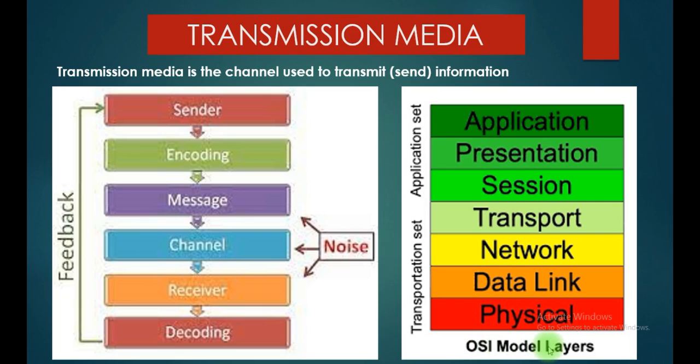Where the OSI model is concerned, OSI stands for Open Systems Interconnection model, and really this is just a guide for the key stakeholders who would come into play when we talk about networking. So you're talking about vendors, and those persons who would develop software and also equipment, networking devices, in this sector.